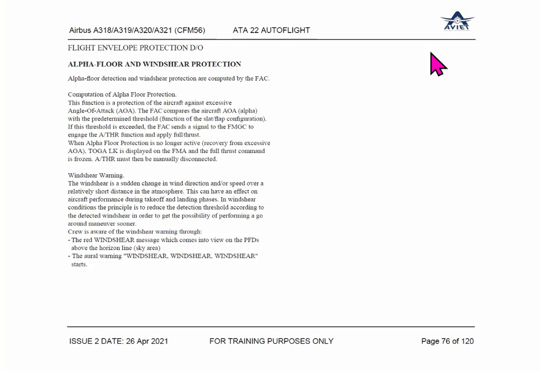Now let's consider your levers are at the climb detent. All of a sudden, high angle of attack is detected. Your lever is at climb, but the FMGC has automatically commanded TOGA thrust, and you will see it activate as TOGA thrust.